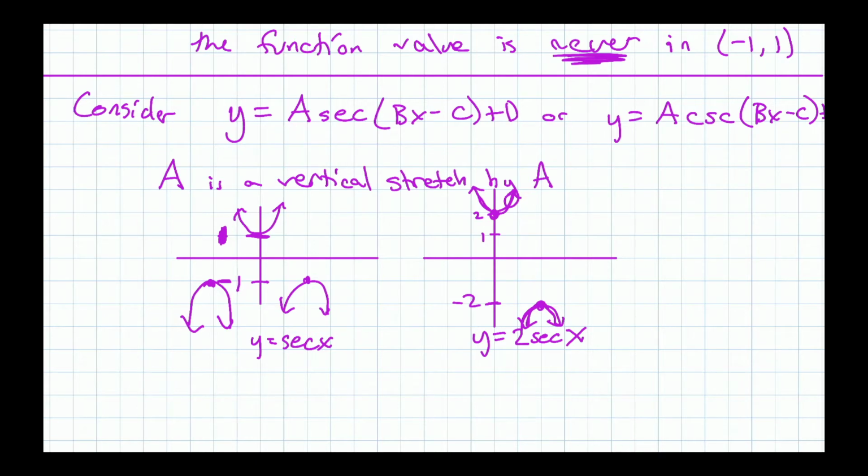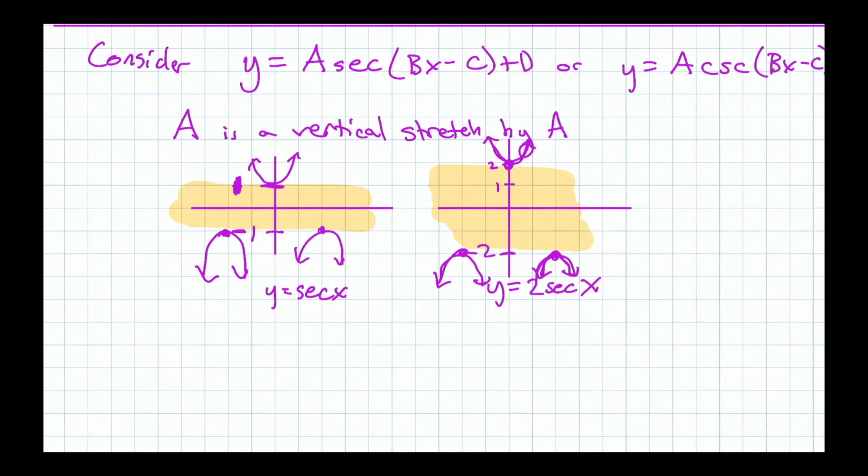So the middle section, which was between -1 and 1, is now between -2 and 2. It's honestly going to help you a lot just to think of it that way. I'm going to do some problems and you'll see. So that's what the A does: it stretches out that space between them.